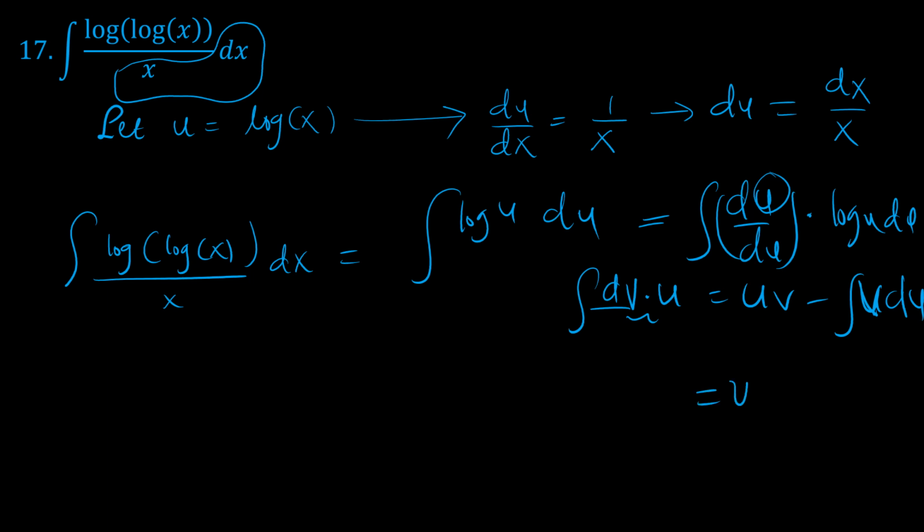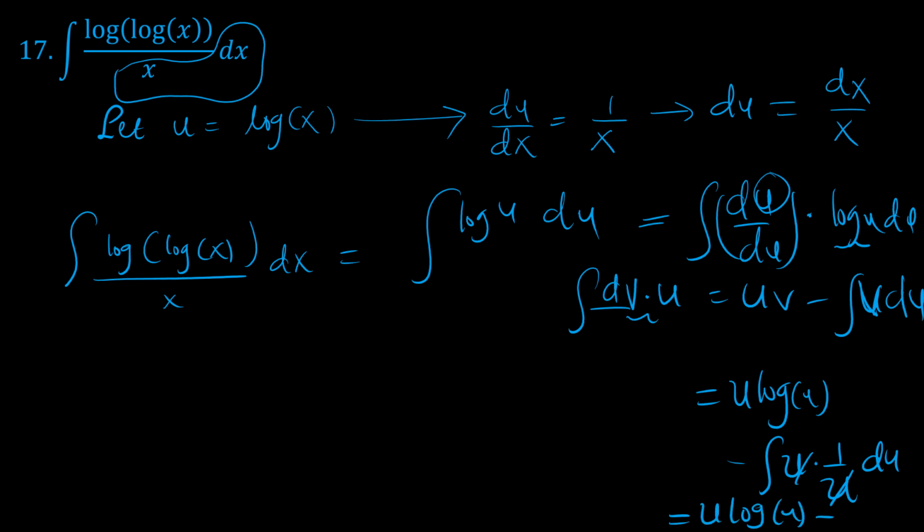And so since v can be considered to be the small u here, that means that we have u log u, since the u is considered to be this log u, minus v, which is simply u, du, which is going to be 1 over u, the derivative of log u, and that cancels out. So we have u log u minus the integral of 1, because the u's have cancelled.